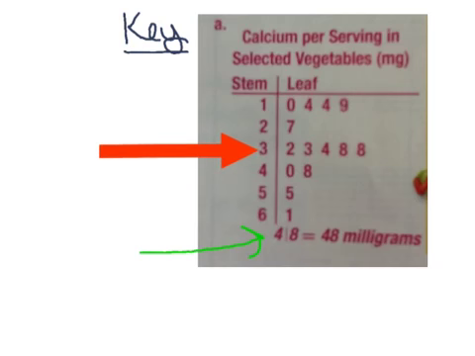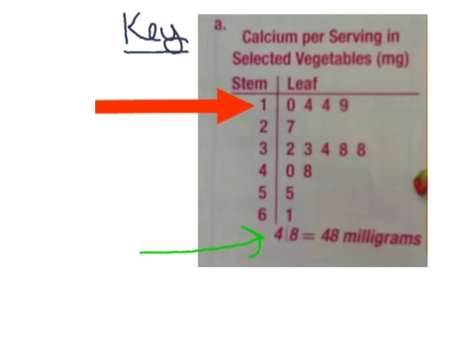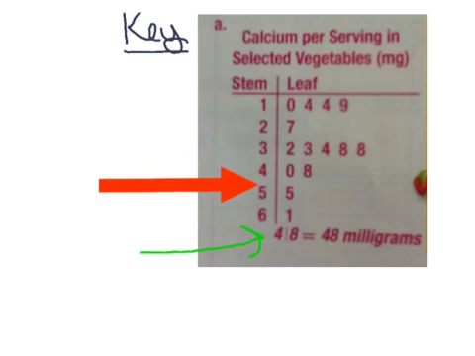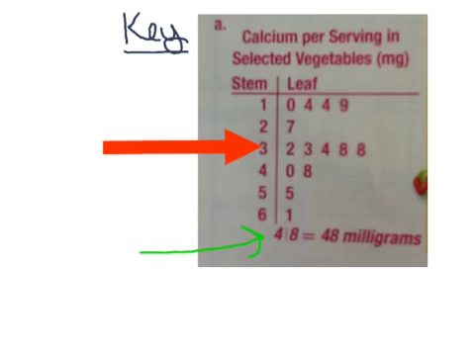So the 3 is the most commonly occurring number. 1 also shows up quite a bit. We're talking about calcium in different vegetables. So here we're seeing that there's a lot of vegetables that have calcium from 10 to 19, a lot that have from 32 to 38, and then everything else has a lot less frequency than that.